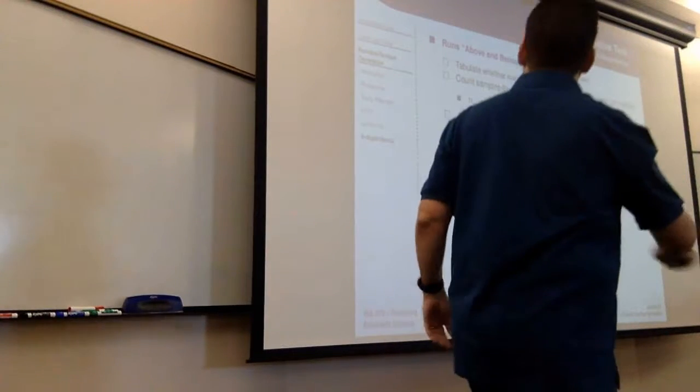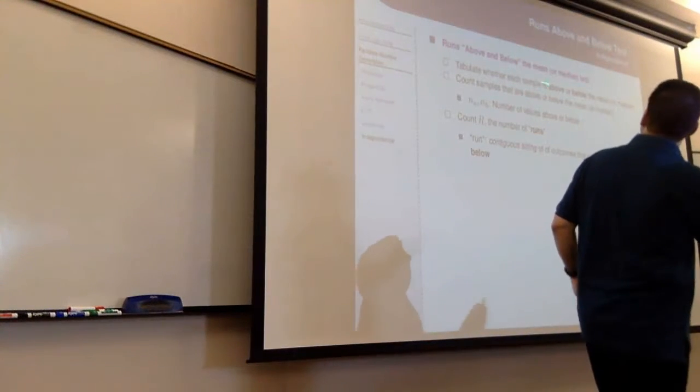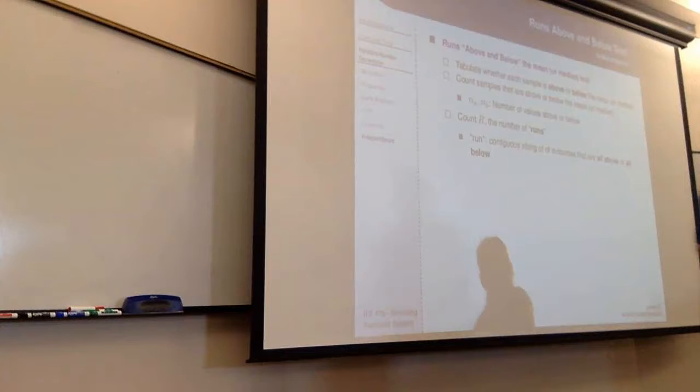I'll show a numerical example in a second, but this is the test we use in this class, the runs above and below the mean test. If you look at past midterms from other professors, they might use a different runs test.